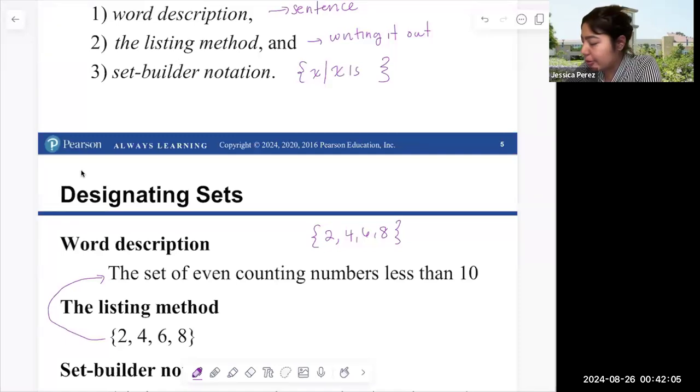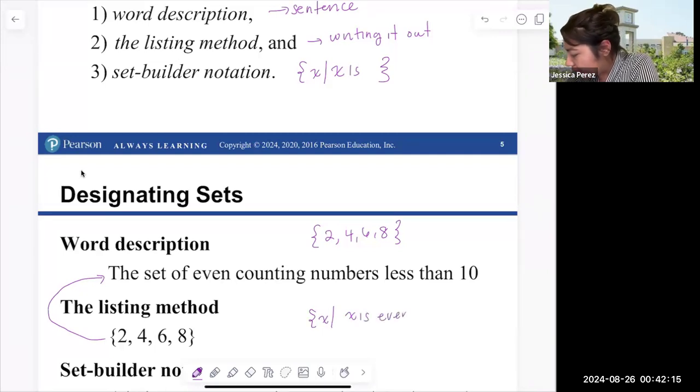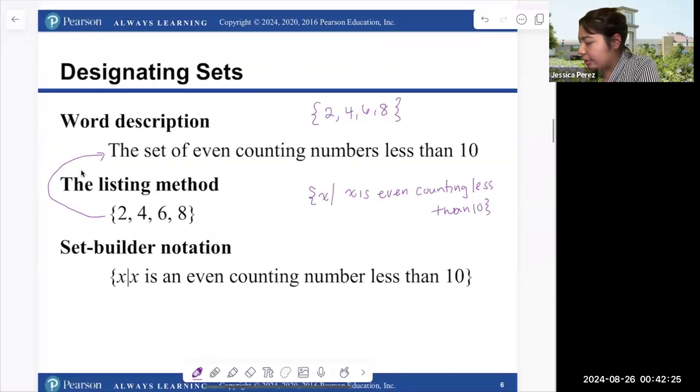Now in set builder, it's again x such that x is an even counting number less than 10. So pretty much you're rewriting the statement.